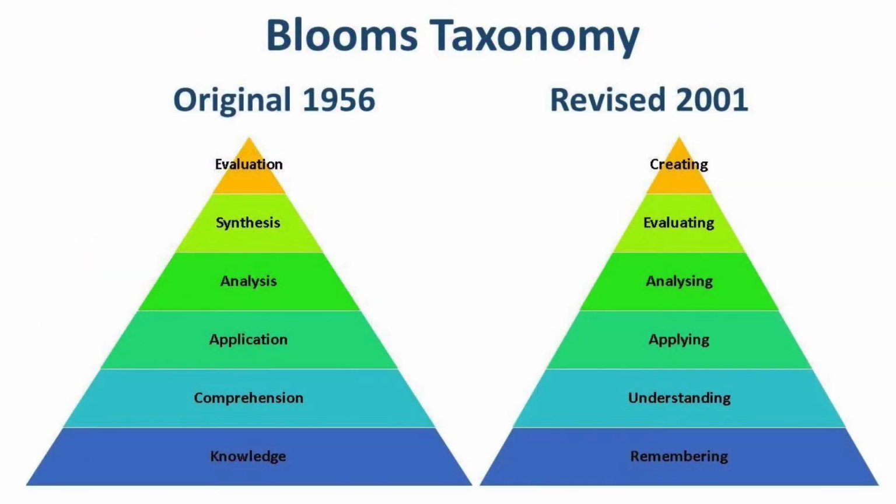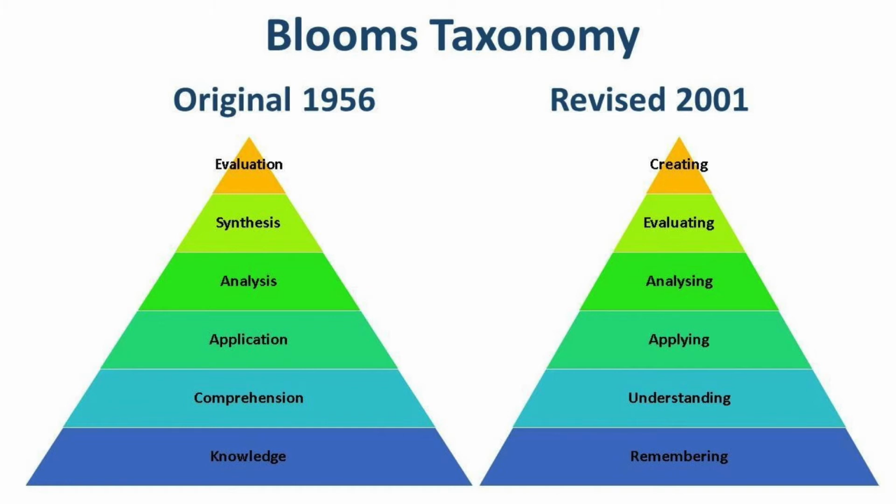Here we see the original Bloom's taxonomy and the revised version. In the original version, there is knowledge, and in the revised version, it was replaced by remembering. Likewise, comprehension was replaced by understanding, application by applying, analysis by analyzing, synthesis by evaluating, and evaluation by creating.